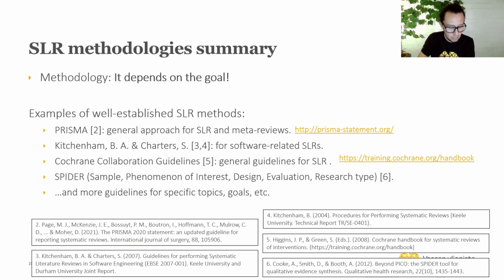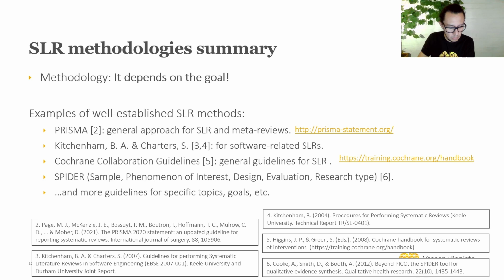So in summary, it depends on the goal. It depends on how the goal of this review is defined. If it's intended to summarize a large number of primary studies with a fast review, it depends on whether the topic is new, well consolidated, and so on.